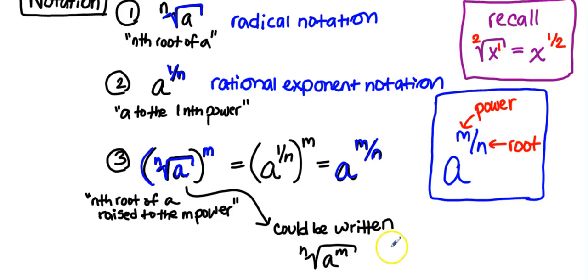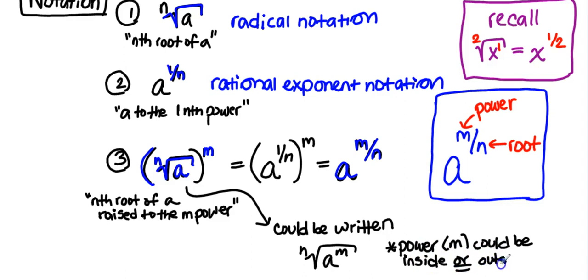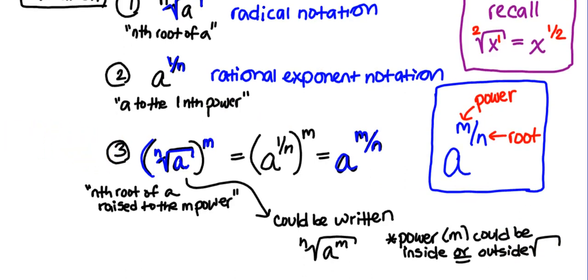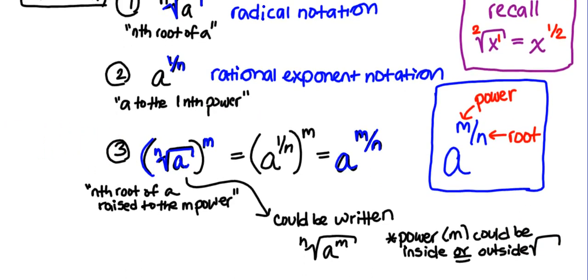Otherwise, we can take it as a fact that power m could be inside or outside the radical sign. And I almost said square root, but it could be a different root. So just inside or outside the radical.